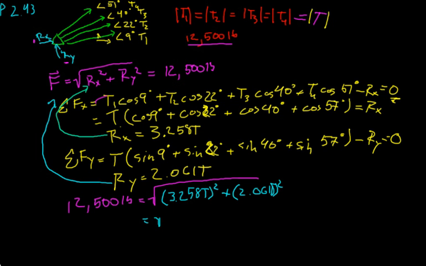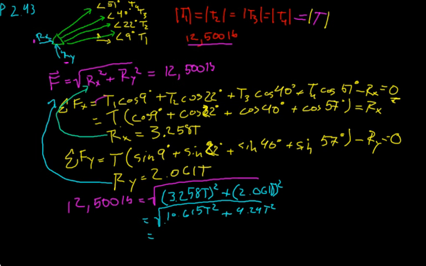When we solve this out, the square root of this is going to be 10.615 T squared plus, remember this squared distributes over both the 2.061 and the T, so this one comes out to 4.24 T squared.